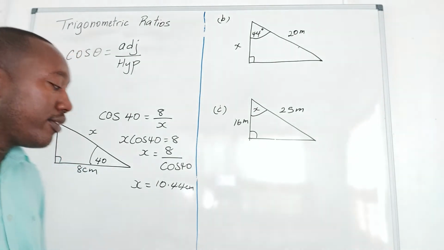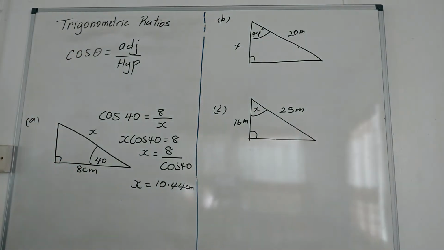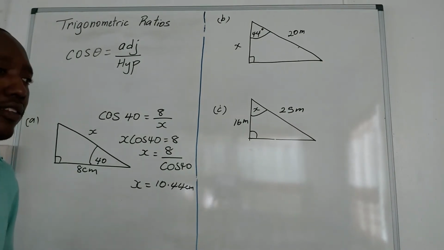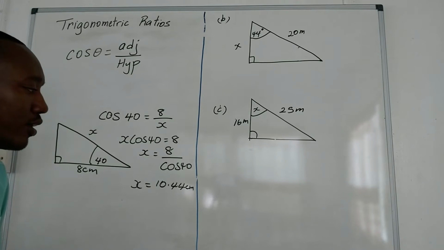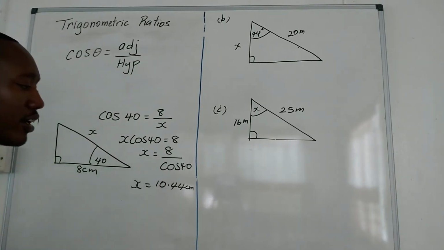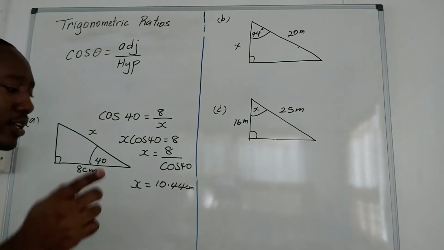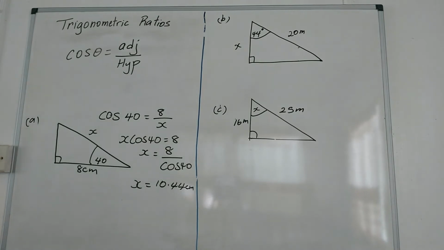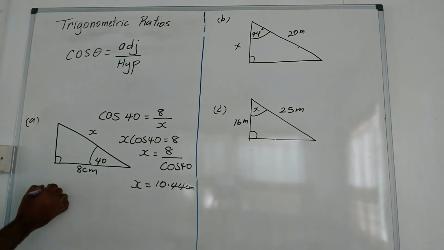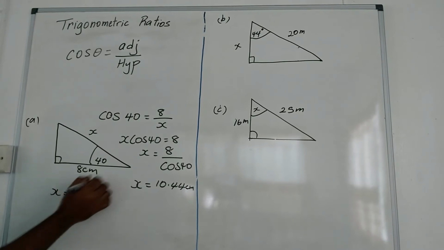All right. Now what we need to be careful of when we're doing this is rounding numbers, for instance rounding the value of cos 40 and then dividing by 8. Some persons might be tempted to find cos 40 first.